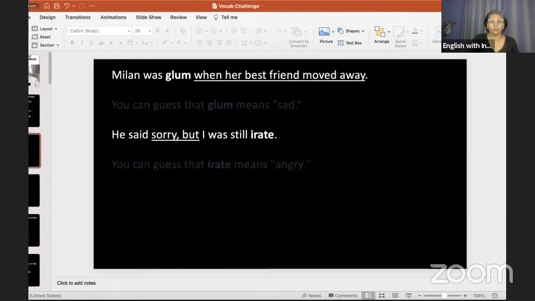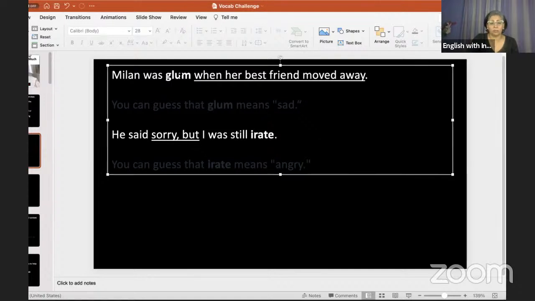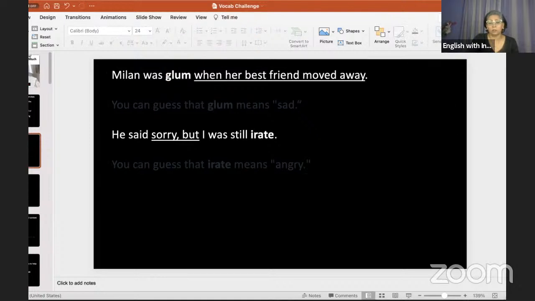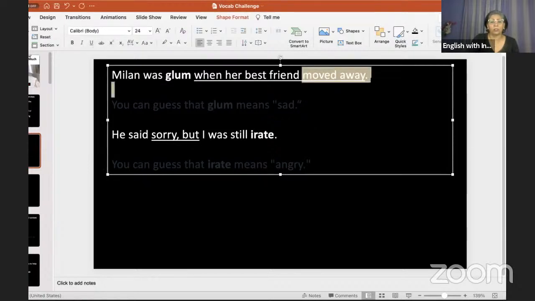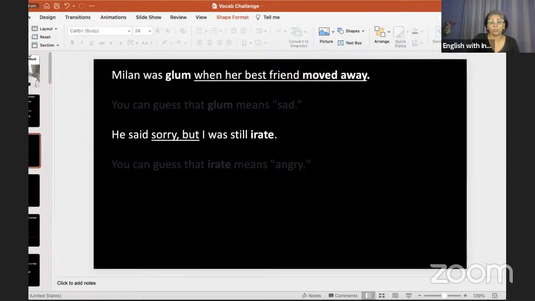Now here I have a few examples. Millen was glum when her best friend moved away. Even if you don't know the meaning of glum, think about it. Here you are making inferences also. Friend moved away. If a friend is moving away, it's very natural that we will be sad, right?